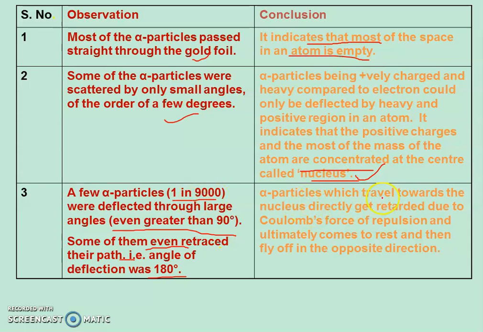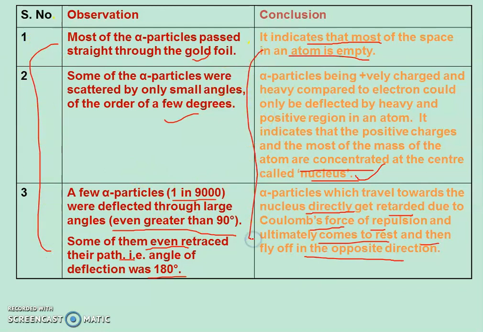Now an alpha particle which travels directly toward the nucleus gets retarded due to Coulomb's law of repulsion, ultimately comes to rest, and then flies off in the opposite direction. The alpha particle which strikes the nucleus head-on will be deflected back at 180 degrees. So these are the observations and the conclusions made by Rutherford, Geiger and Marsden.